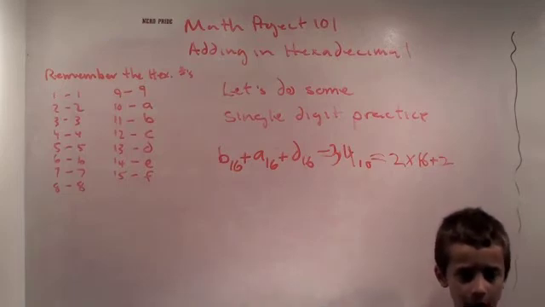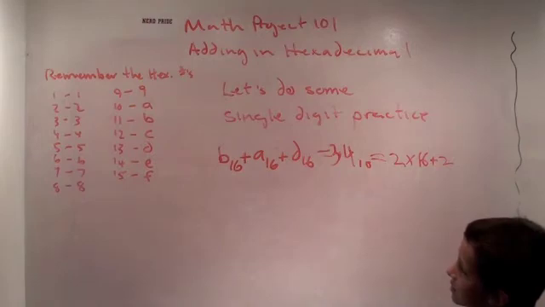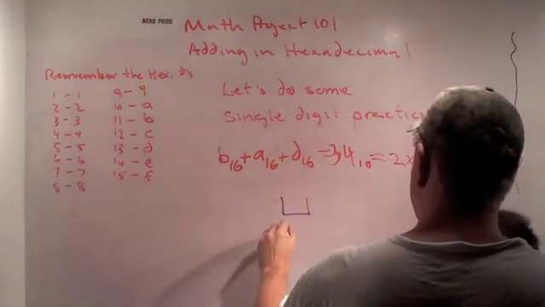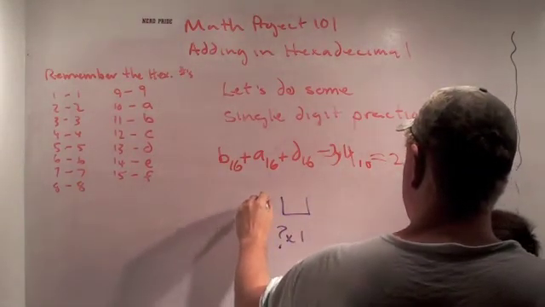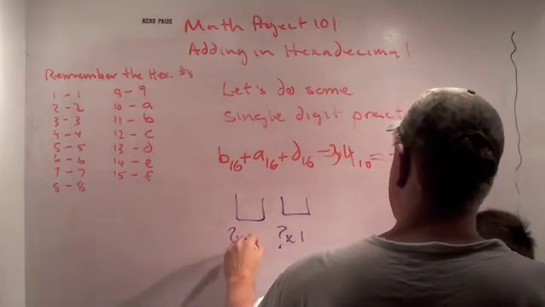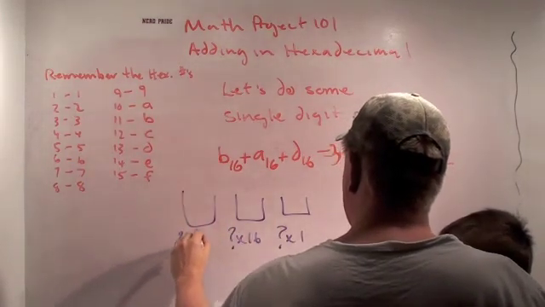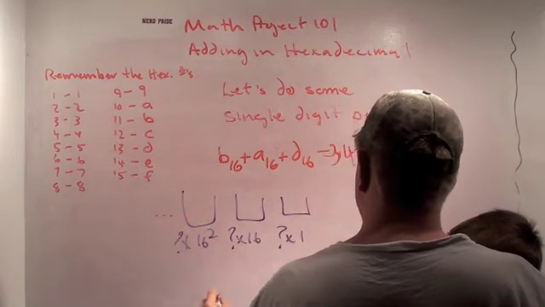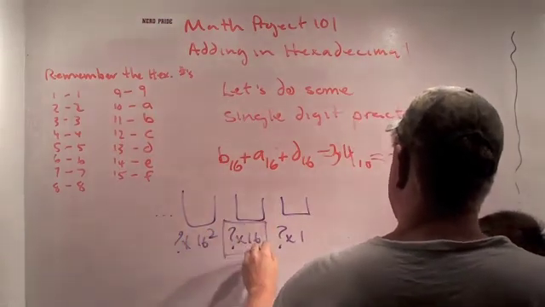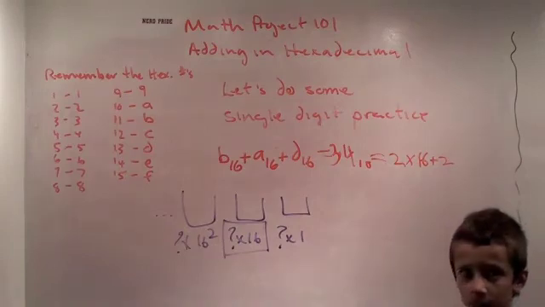No. Our hexadecimal numbers are something times 1 plus something times 16, plus something times 16 squared, etc. So what number do we have times 16? 2.